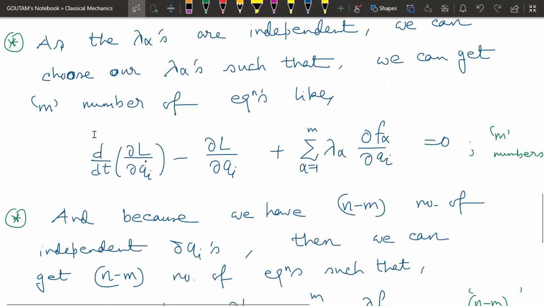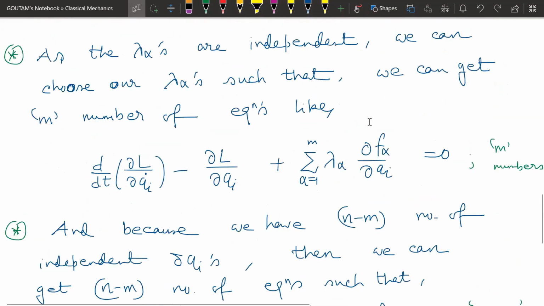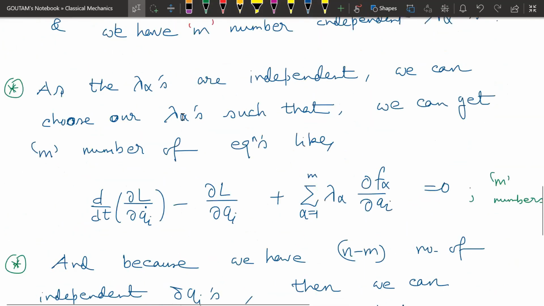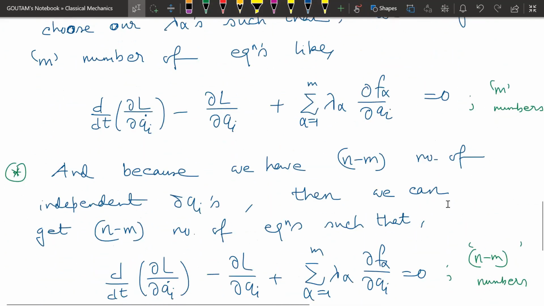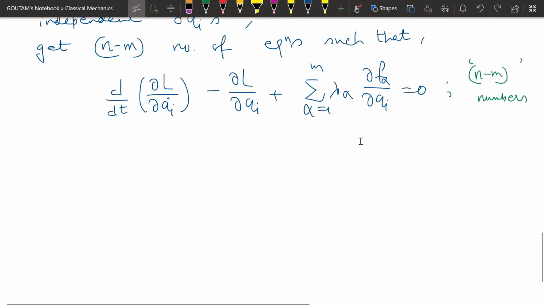So basically we are getting n numbers of this kind of equations, right? m numbers of them are because of the independent lambda alphas, and n minus m numbers of them are because of the independent delta Qi's.